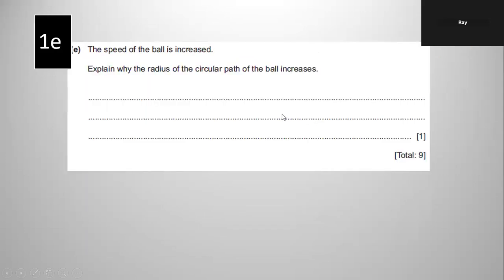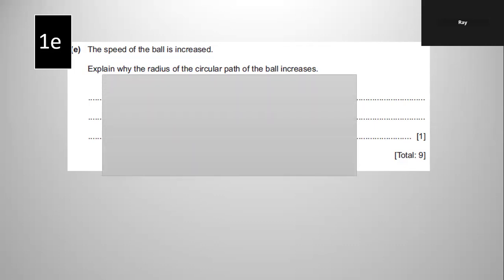The speed of the ball is increased. Explain why the radius of the circular path of the ball increases. Okay, you want to try? Using all the centripetal force formulas you have derived to explain it.